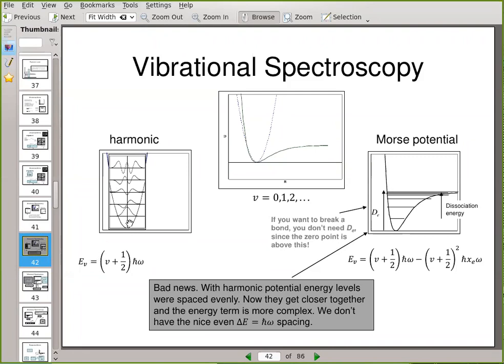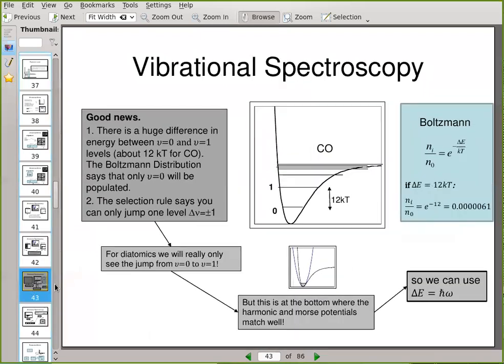So we can just view the diatomic molecule as jumping from energy level 0 to energy level number 1, which is fine. So we can use this delta E is equal to h bar omega. Remember that omega depends on the force constant and the reduced mass of the system.